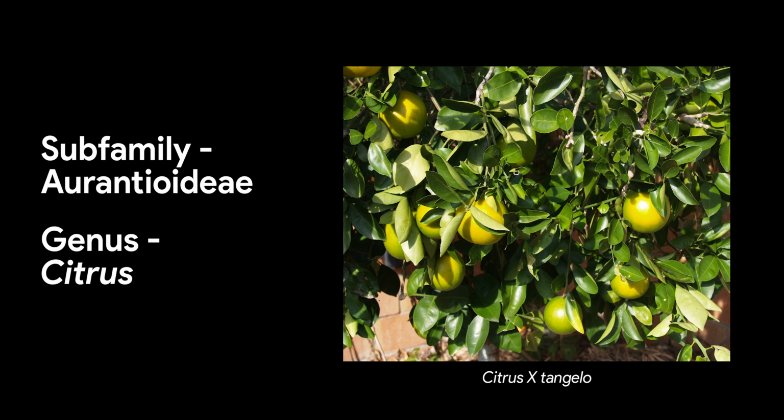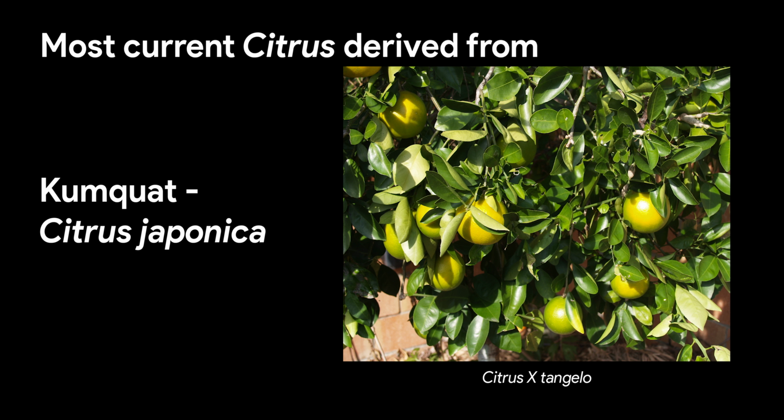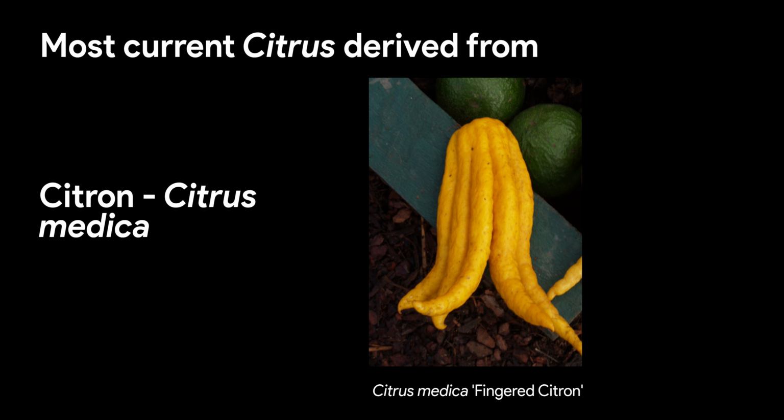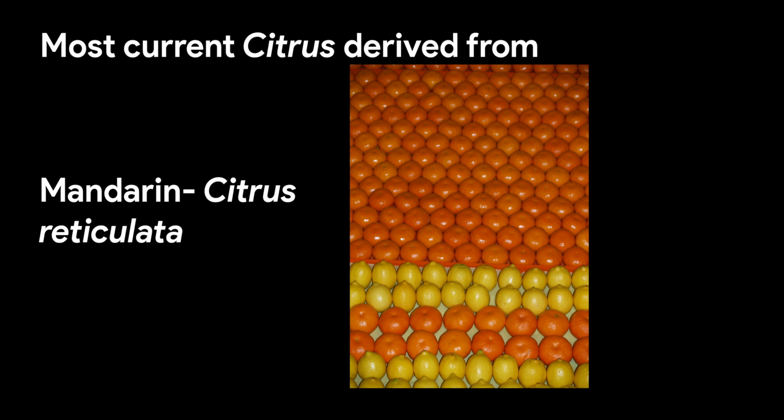Many of the citrus we grow today have been developed over many centuries through crossbreeding of varieties, species, and sometimes even genera. 5 ancestral citrus species include kumquat, which is Citrus japonica, formerly known as Fortunella japonica, then small-flowered papeda, Citrus micrantha, also citron, Citrus medica, pomelo, Citrus maxima, and mandarin, Citrus reticulata.